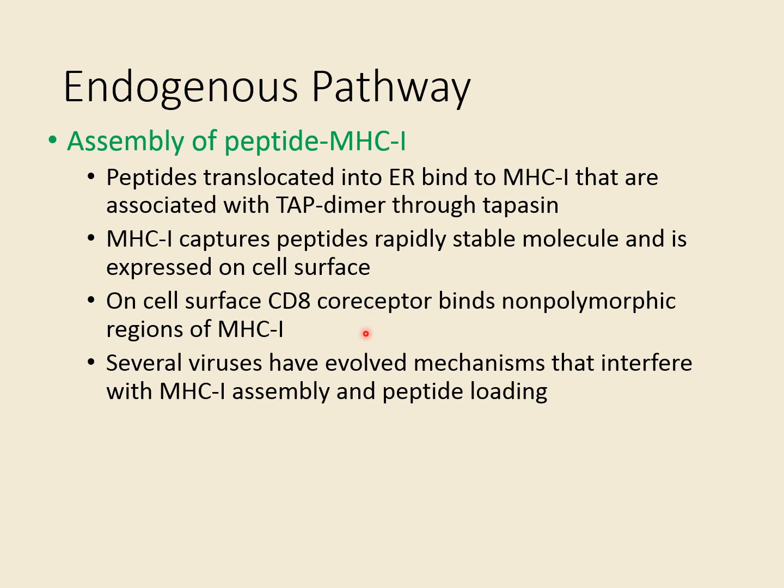On the surface, the CD8 co-receptors bind to the non-polymorphic region of the MHC class 1 molecule and trigger activation of the T cell. There are several viruses which have evolved mechanisms to bypass MHC1 assembly and peptide loading, and thus they evade the immune system.